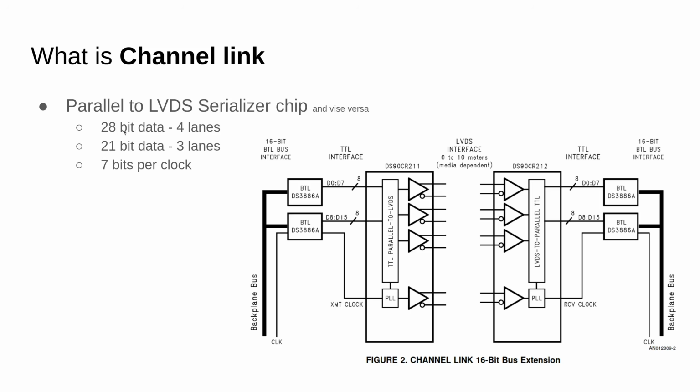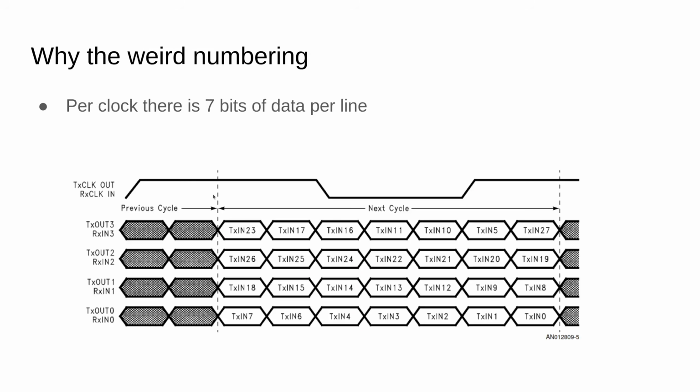Camera Link only deals with the 28 version, and the thing to note is it gets 28 bits per clock, and that means it takes 7 bits per clock, and that's quite an odd number. So on the rising edge, 4 groups of 4 bits get clocked in. And then on the falling edge, 4 groups of 3 get clocked in.